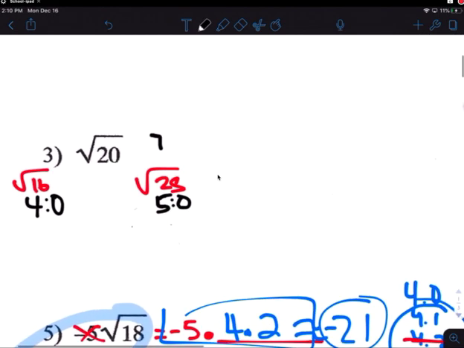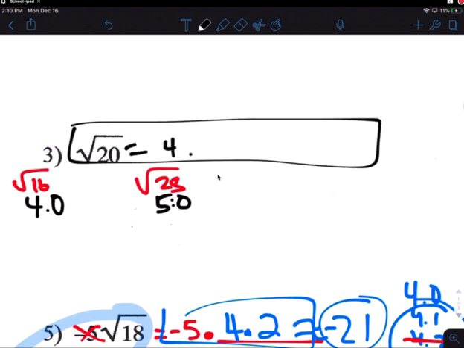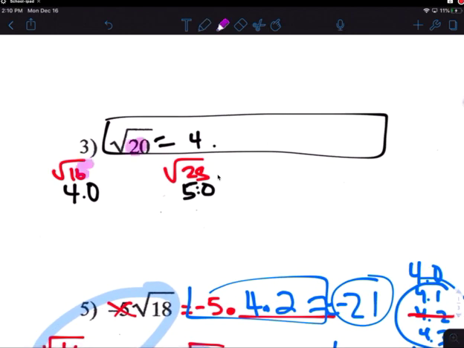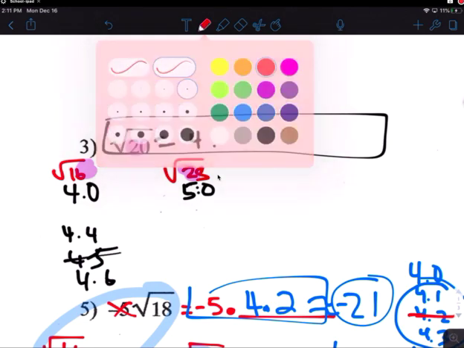All right. So your answer here is 4 point something. Because 20 is in the middle of these two guys, you guess 4.4, 4.5, and 4.6. Guess first 4.5, see what happens.